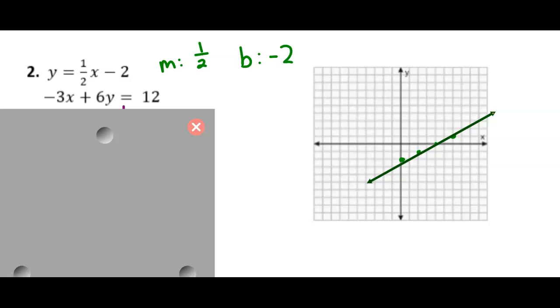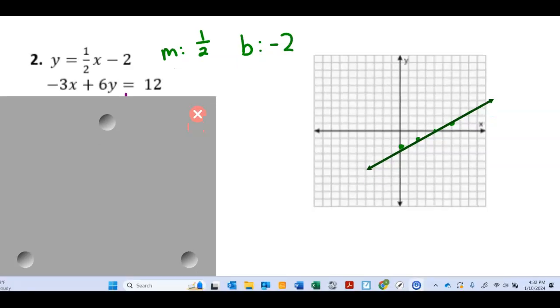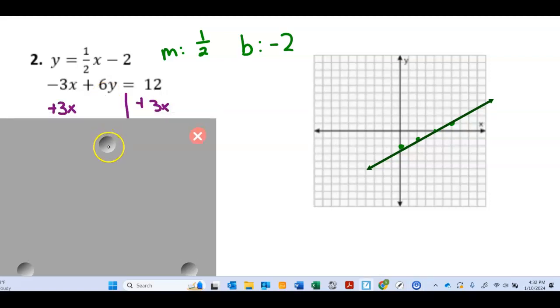Now, as I'm going, I need to do my next line. Okay, take a look at line 2. Can I graph line 2 as it is? No way. That's not in slope-intercept form. But can I solve it to get it in slope-intercept form? I sure can. I need to get my y by itself, and to do that, I need to add 3x to both sides because I have to get rid of that -3x before I get rid of the 6 with the y.